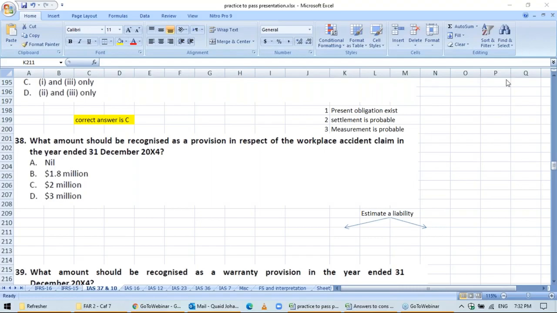So what we need to know first is whether there is a single obligation or a large number of settlements.